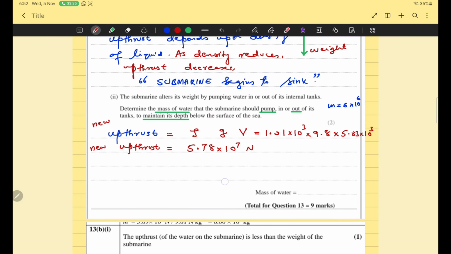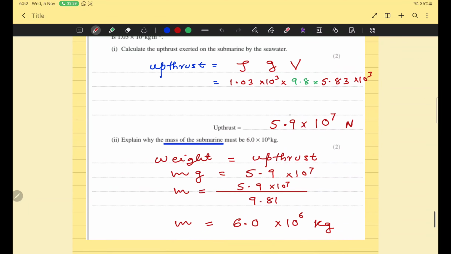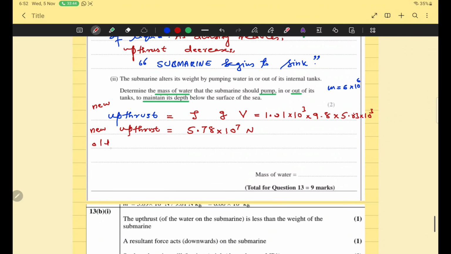The old upthrust was 5.9 × 10^7, and new upthrust we have calculated right now.